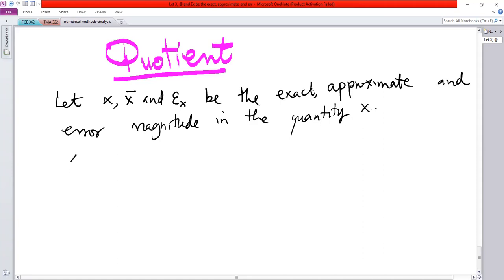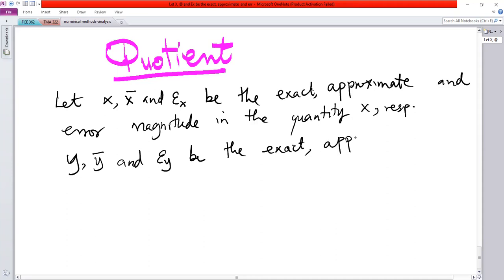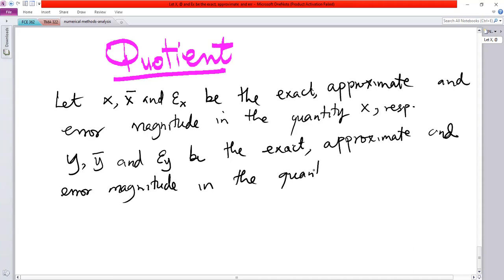Similarly, let y-bar be the approximate value of y and epsilon sub y be the error magnitude in the quantity y, respectively.